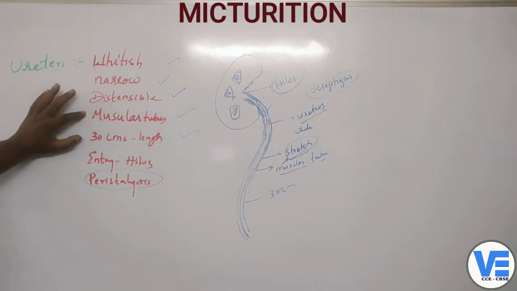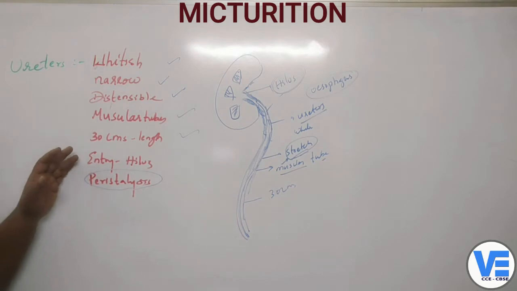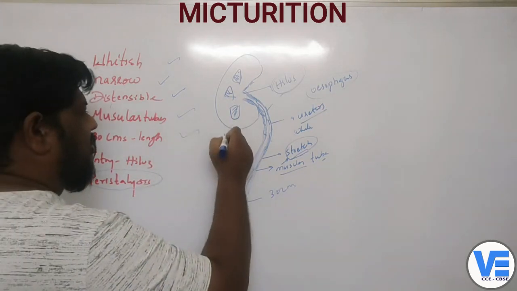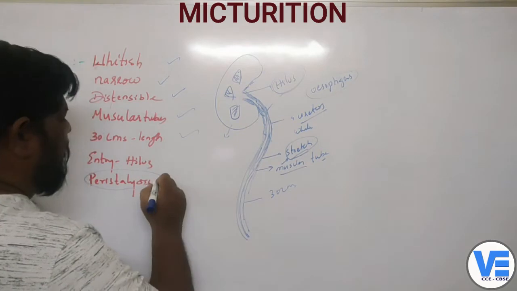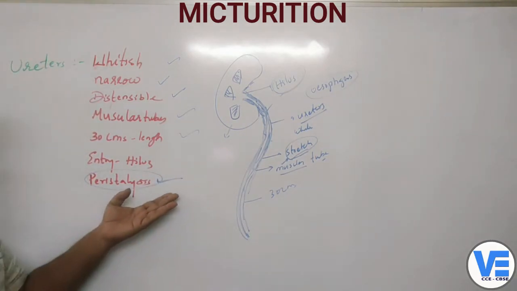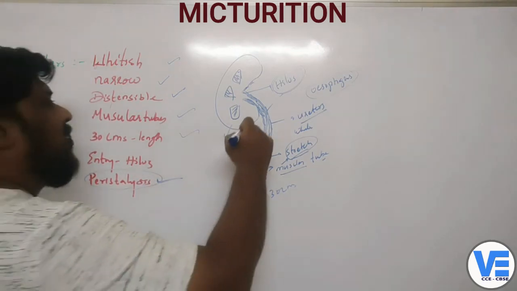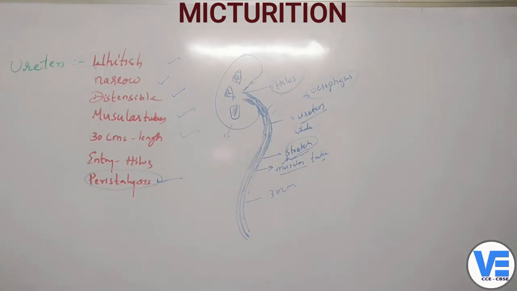Because they are muscular, they are able to stretch, and the size is around 30 centimeters, and they come out from the hilus. The urine formed in the kidneys goes out through the ureters in the form of peristalsis, and we have already seen peristalsis in the esophagus. So this is about the ureters.